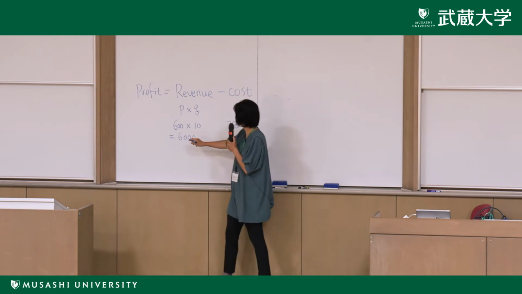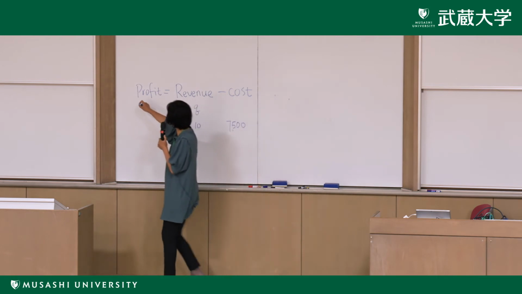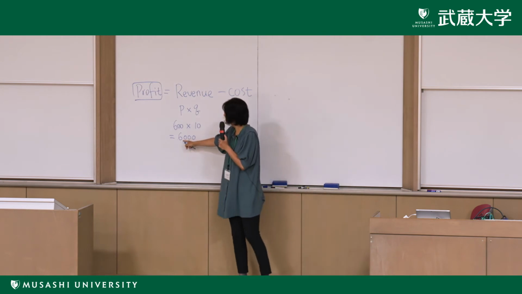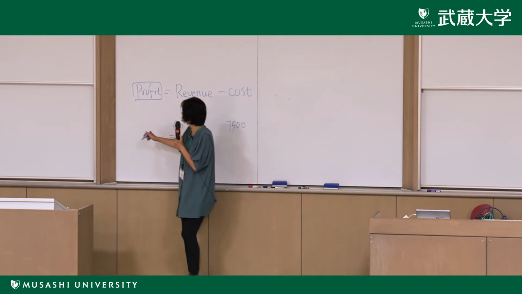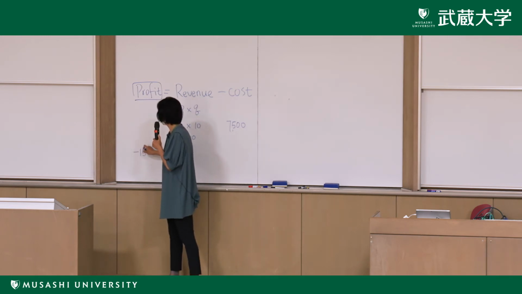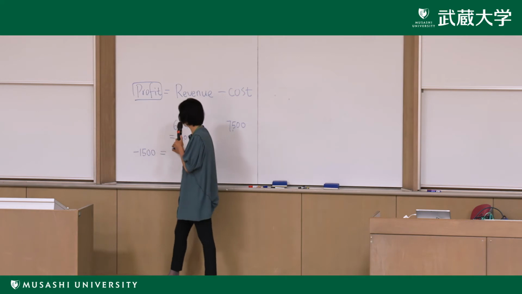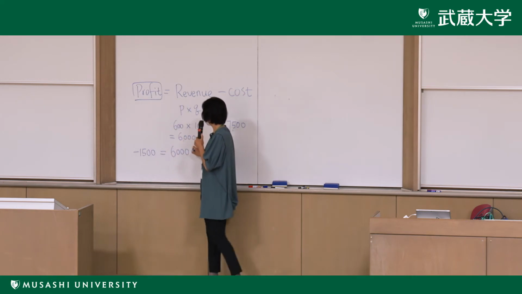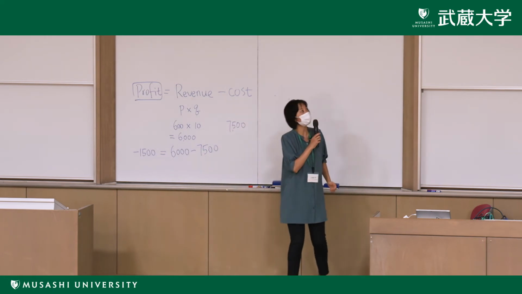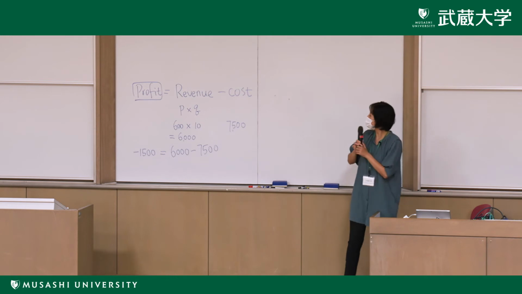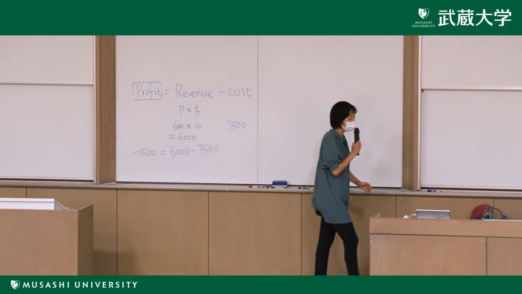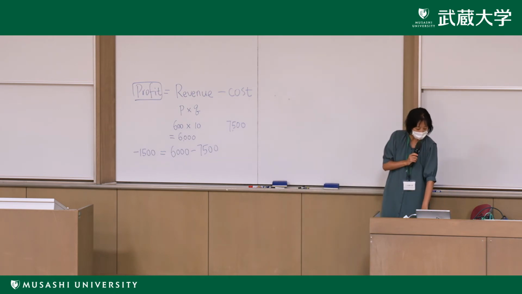And the corresponding total cost is going to be 7,500. So the corresponding profit based on these two numbers is 6,000 minus 7,500, so you would get negative 1,500. That's how we obtain profit, and you can do this for each level of production.